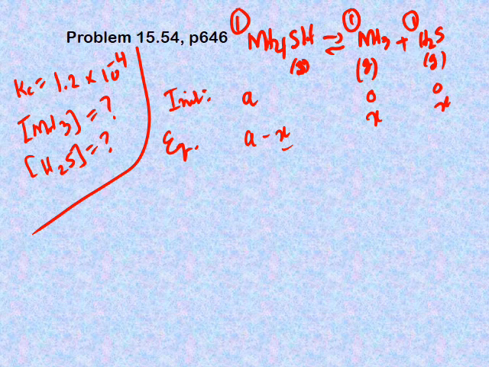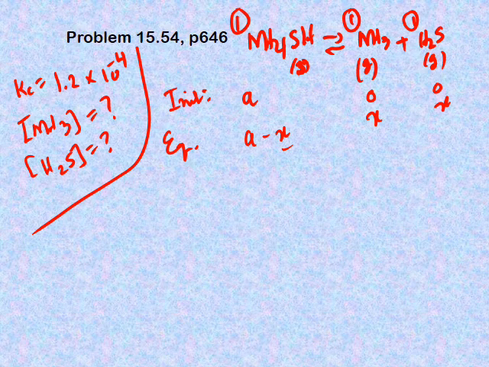Let me explain it again. If one NH4SH breaks down, you get 1 ammonia, 1 H2S. If 2 NH4SH break down, you get 2 NH3 and 2 H2S, because we ought to maintain the stoichiometric ratio. If X breaks down, then you get X of ammonia, X of H2S.